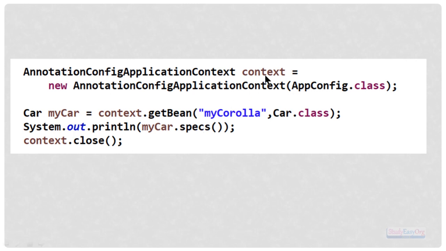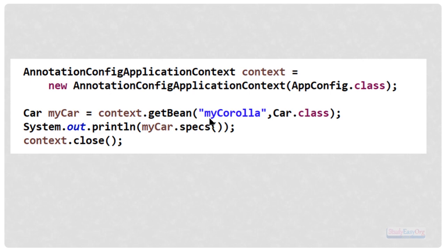So this context is a reference to the bean factory, and using this context we can extract an object from the bean factory and assign it to this myCar object. This is fairly straightforward, but take note of getBean, where we simply give a name. Whatever bean we need, we can simply ask Spring, and Spring will give it back to us.